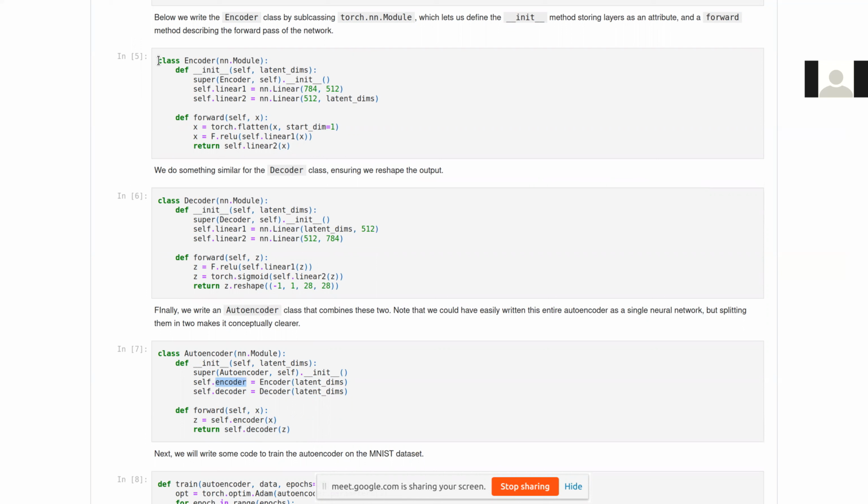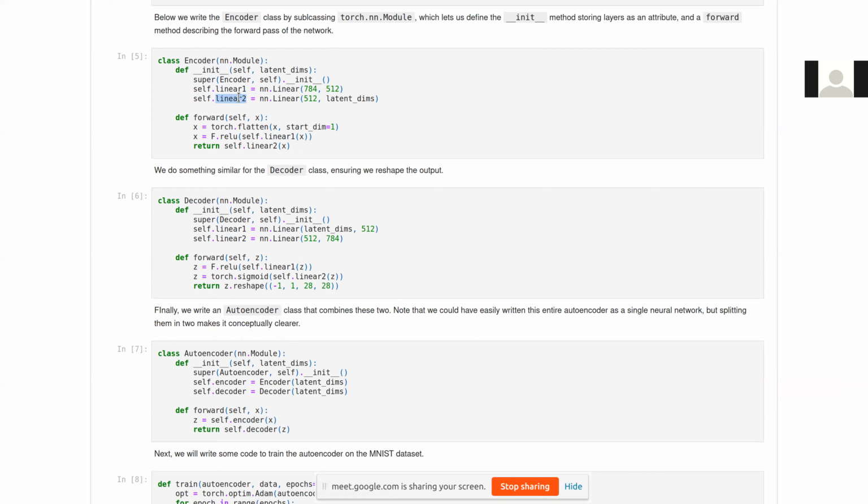So the encoder here has been coded as class Encoder, and it is a two-layer fully connected network. So basically the input dimensionality is 784. We are talking about the MNIST data set for right now. So the images are 28 cross 28, resulting in a 784 dimensional vector. So the input is 784 with the hidden dimension 512.